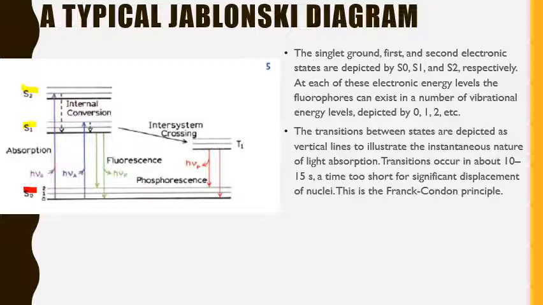At each of these electronic levels, the fluorescent phosphor can exist in many vibrational levels. This is electronic state S0, and in this state we have several vibrational levels. These vibrations can be shown here, here, and here.